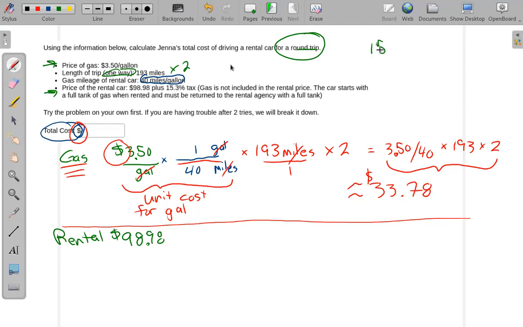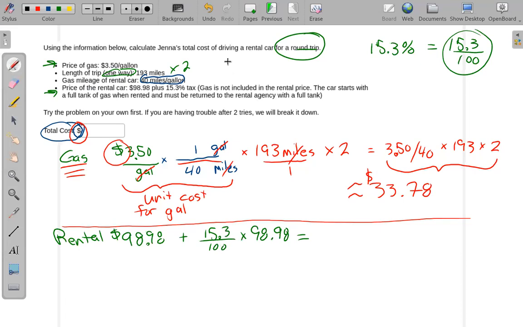So remember, if your calculator does not have a percent button, percent literally means divide by 100. So that's what I'm going to use on my calculator. Feel free to move the decimal point if you wish. So I need to add on to that 15.3% of 98.98. Get that cost, and then we can add those together.